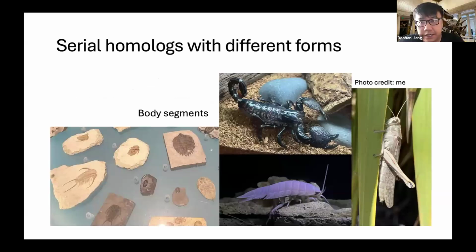Here are some examples of serial homologs that develop into different forms. One classic example is body segment of arthropods. Arthropods of different groups consist of segments of different sizes and morphology. And another example are the appendages attached to these segments.